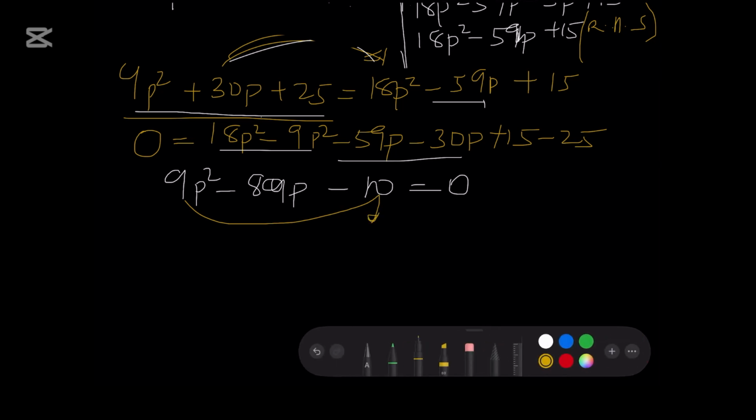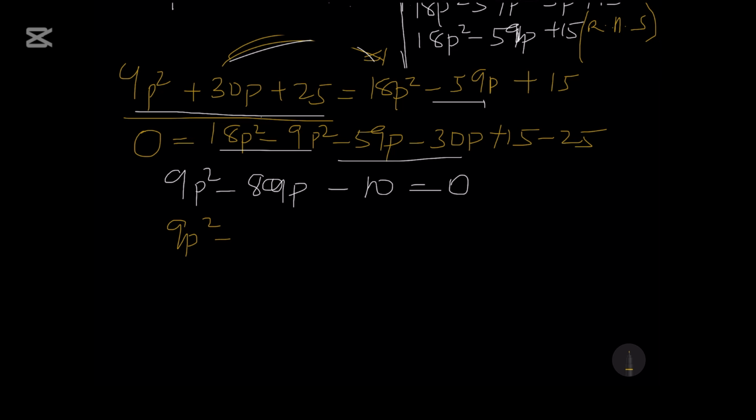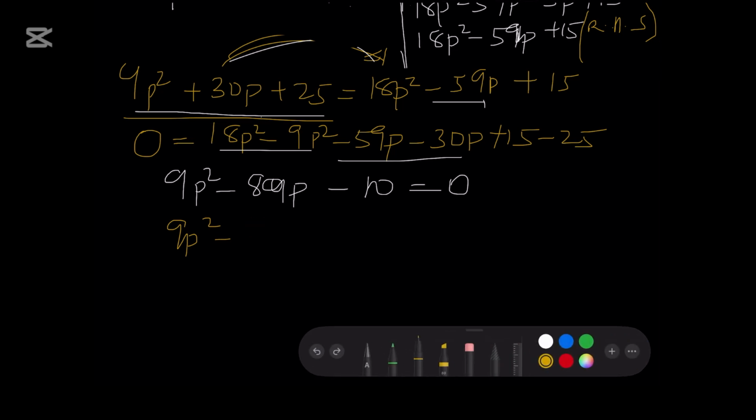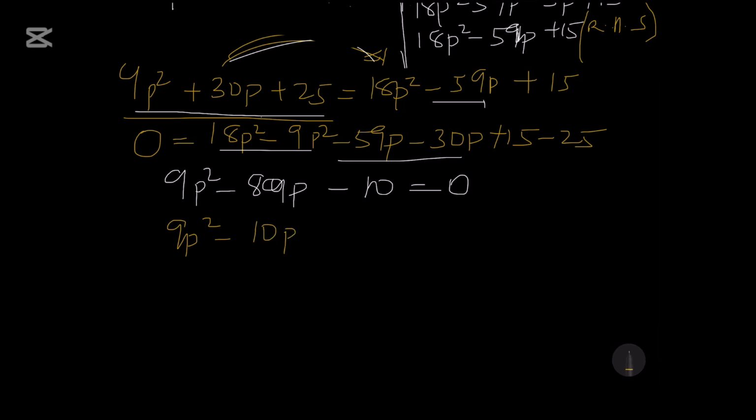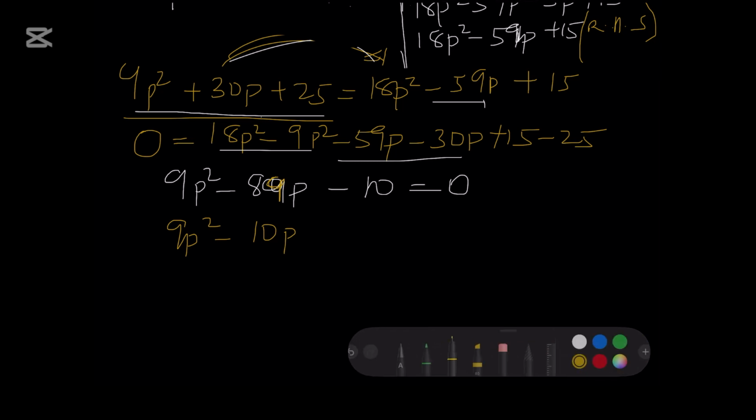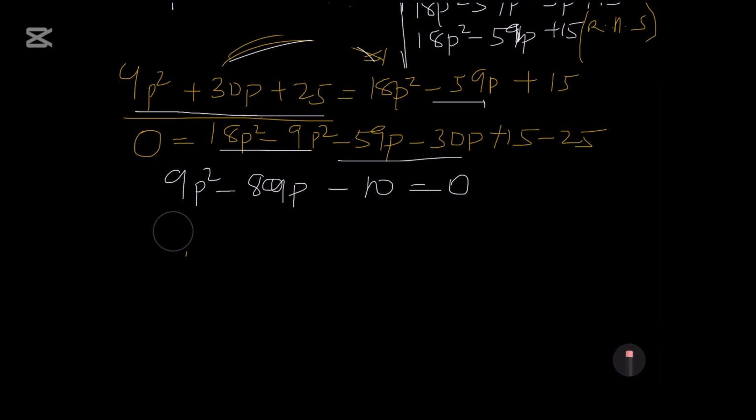So we'll just, in simple terms, what we'll do is this multiplied by this, to give us minus 90p square.